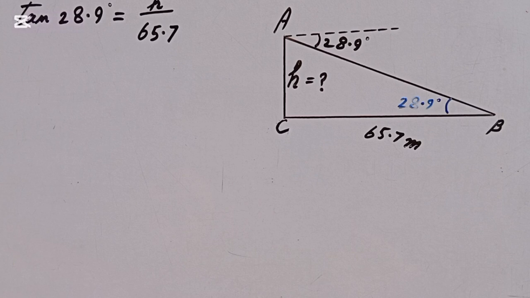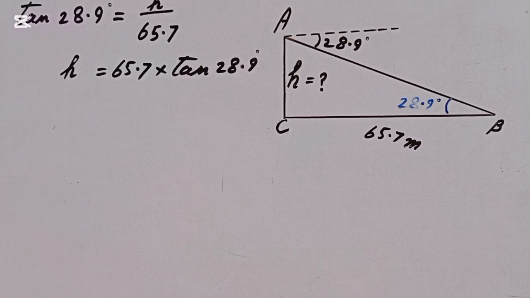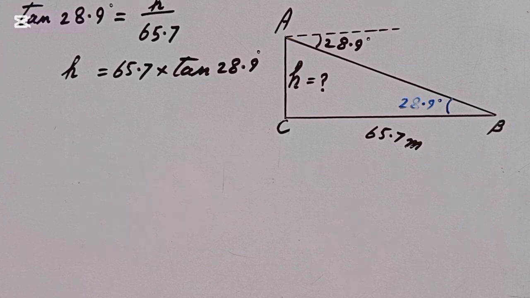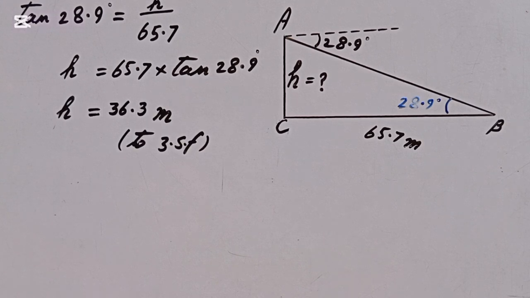In this triangle ABC, tan 28.9 degree is equal to the height by 65.7. Now we find out the value of this height. H would be equal to 65.7 multiplied by tan 28.9 degree. So H is equal to 36.3 meters, to three significant figures, which is the required height here in this question.